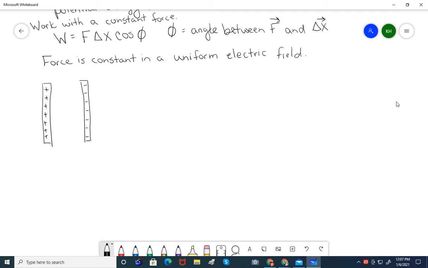And we know that the electric field, I'll draw it in a slightly different color, points from positive to negative. So our electric field in between our two plates is fairly uniform, and it points from positive to negative. Now we know if we get over to the edges, it's not so uniform, but as long as we're close to the middle, it's going to be nice and uniform.